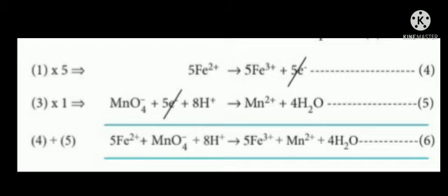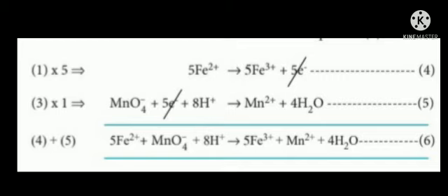Next, equation 3 is multiplied by 1. Hence, the equation becomes MnO4 minus plus 5 electrons plus 8 H plus, which gives Mn2 plus plus 4 H2O. It is equation 5. Now equation 3 becomes equation 5. Now, add equations 4 and 5.